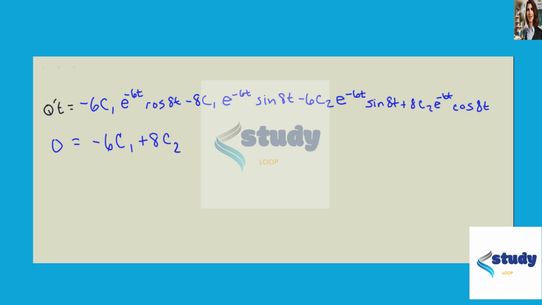So now I have 0 equals negative 6 times negative 0.059 plus 8 C2.